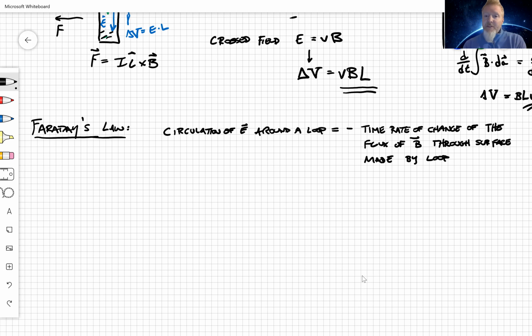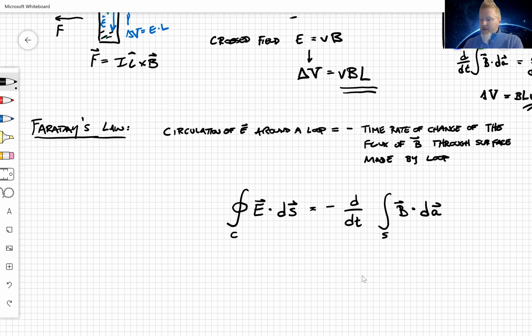This is the first time we've talked about the circulation of E, but we've been talking about the circulation of B a lot. So this looks pretty much the same, except put the E instead of the B. So the circulation of E around the loop is equal to negative the time rate of change of the flux of B, through a surface, and this is around a curve. Okay, so that's what Faraday's law is.